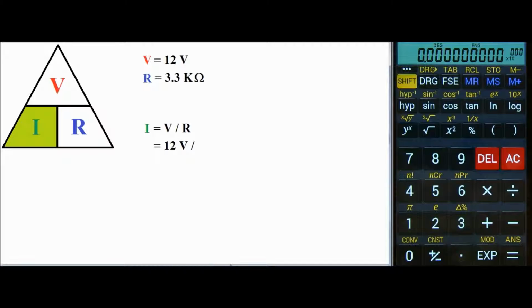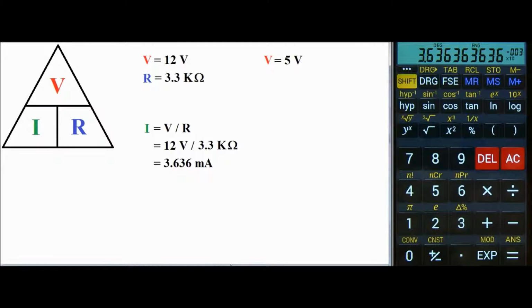In this case, we have a voltage of 12 volts, and it's divided by 3.3 K. So we have 12 divided by 3.3, and K is exponent 3. And our answer is 3.636363 milliamps. And we can round that off to 3.636 milliamps.